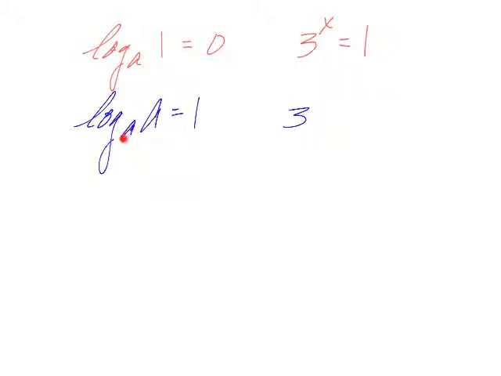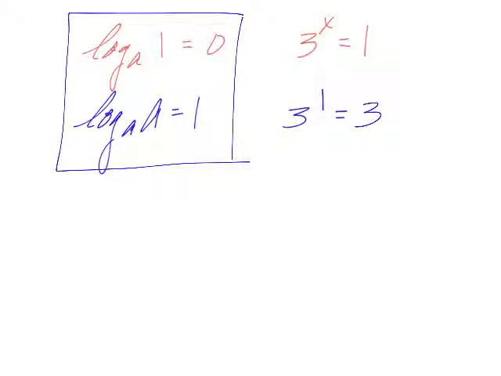My base is 3, my exponent is 1, and that's going to equal my base, which is 3. So 3 to the first power is 3. So there are 2 rules right there that are good to keep in your tool belt for later use. Ends up being very handy.